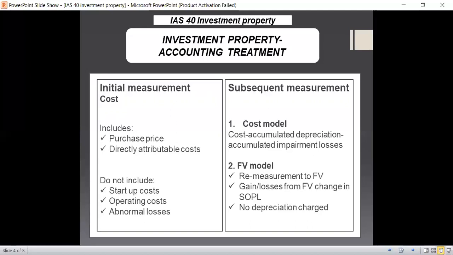Then obviously, if there are any gains or losses arising from the fair value change, we have to recognize them in our statement of profit or loss. How? We are going to discuss later in our lecture. You also need to consider that we are not going to charge any depreciation under the fair value model, and this is a basic difference between IAS 16 and IAS 40.